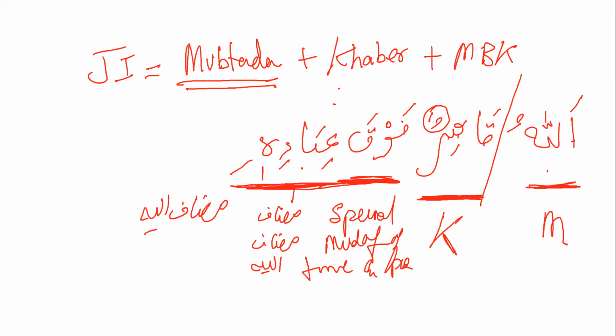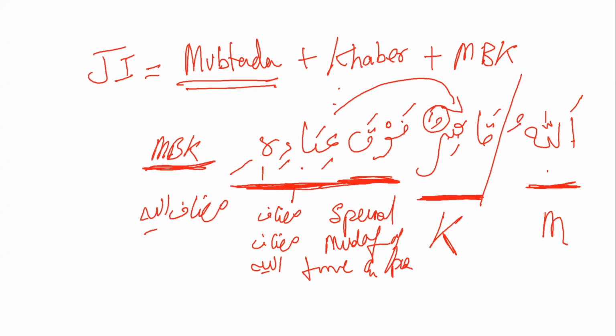So as we saw that the chain in the Mubtada continued, we also saw the chain in Khabar continuing, and now here in the MBK, because this is giving more information about the Khabar.